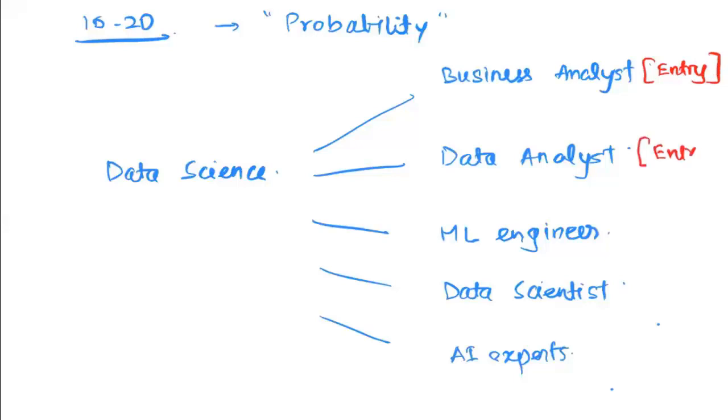For people who are transitioning from another background, if you've got somewhere in the range of 2 to 5 years of experience, business analyst or data analyst positions could be some of the useful positions that you could try and get into. The kind of skills from a technical point of view that are required for either of the two roles are similar. You would need some knowledge of a visualization tool, popular ones being Power BI, Tableau.